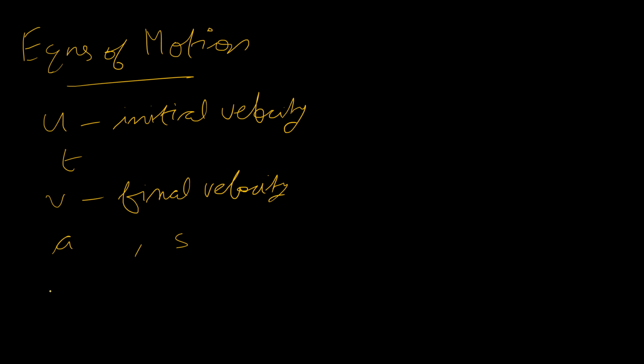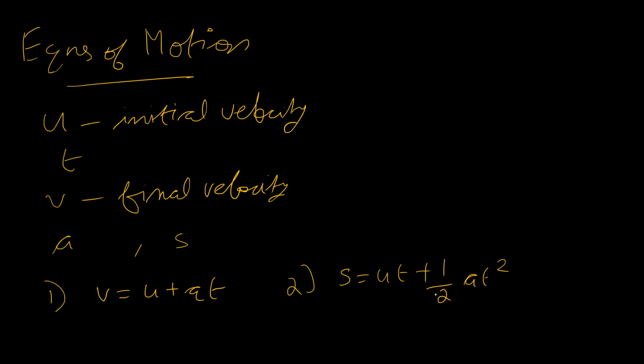First one, v is equal to u plus at. Second one, s is equal to ut plus half at square. Third one, v square is equal to u square plus 2as. Okay, these are the three important equations.